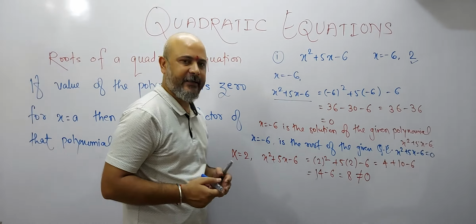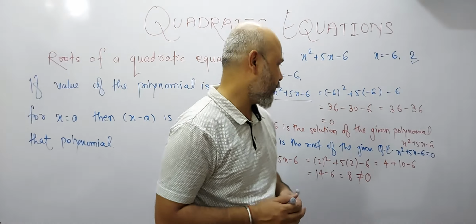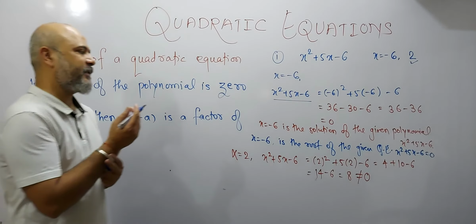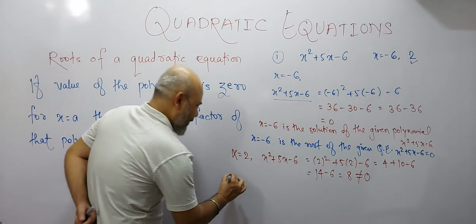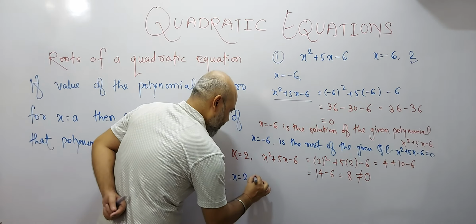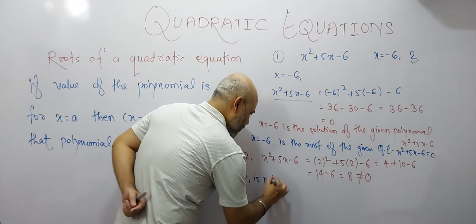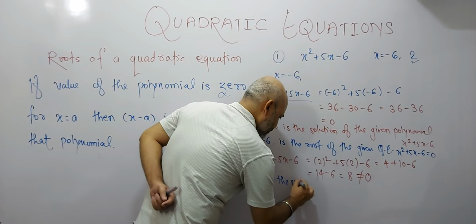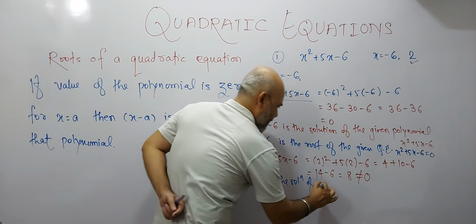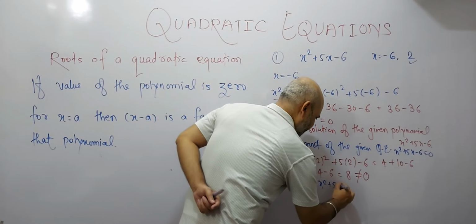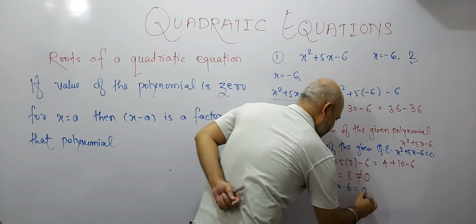Means if you are not getting the value equal to 0, it means that this will not be the solution. So I will write x is equal to 2 is not the solution of x square plus 5x minus 6 is equal to 0.